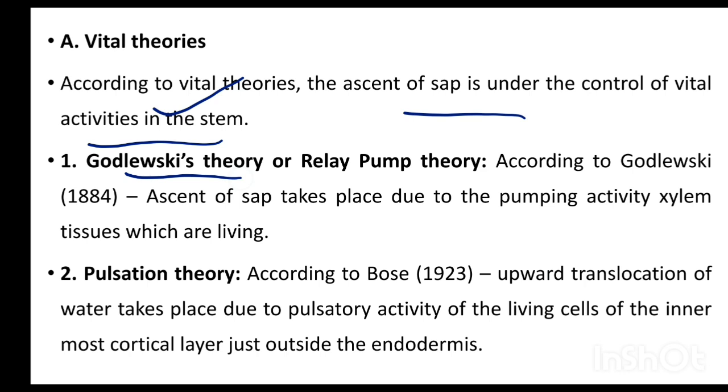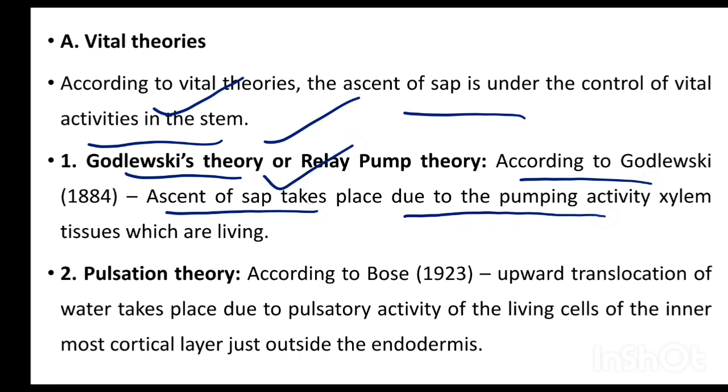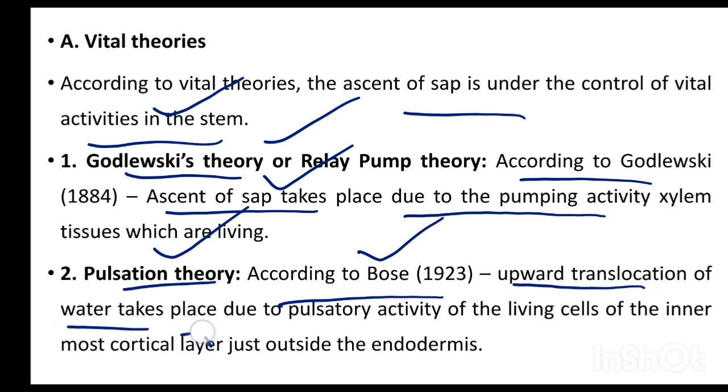At first, Godlewski's theory or relay pump theory. According to this theory, ascent of sap takes place due to pumping activity of xylem tissues. Next, pulsation theory. According to J.C. Bose, the upward translocation of water takes place due to pulsatory activity.